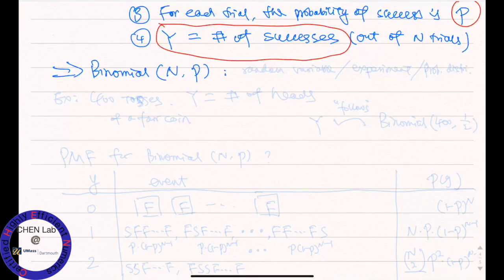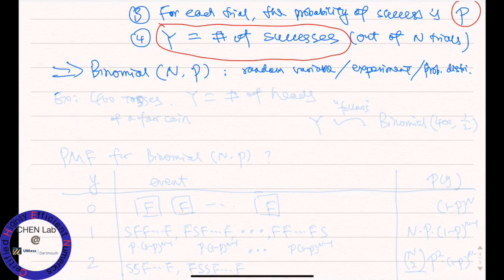This is a binomial (n, p) random variable, binomial (n, p) experiment, and then it's also a probability distribution. It's binomial, so it's called binomial.